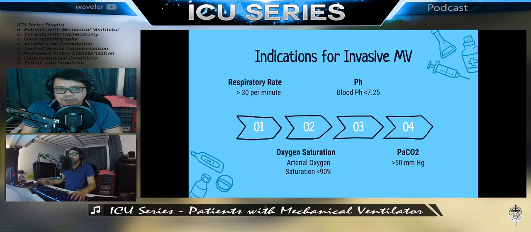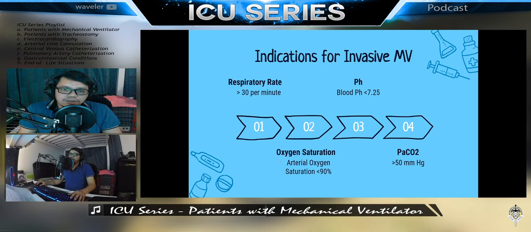So one is respiratory rate, which is more than 30 breaths per minute. As we know, the normal respiratory rate for an adult is between 12 to 20 breaths per minute. So having a respiratory rate of more than 30 per minute indicates that the patient is already in distress and can be in respiratory failure.